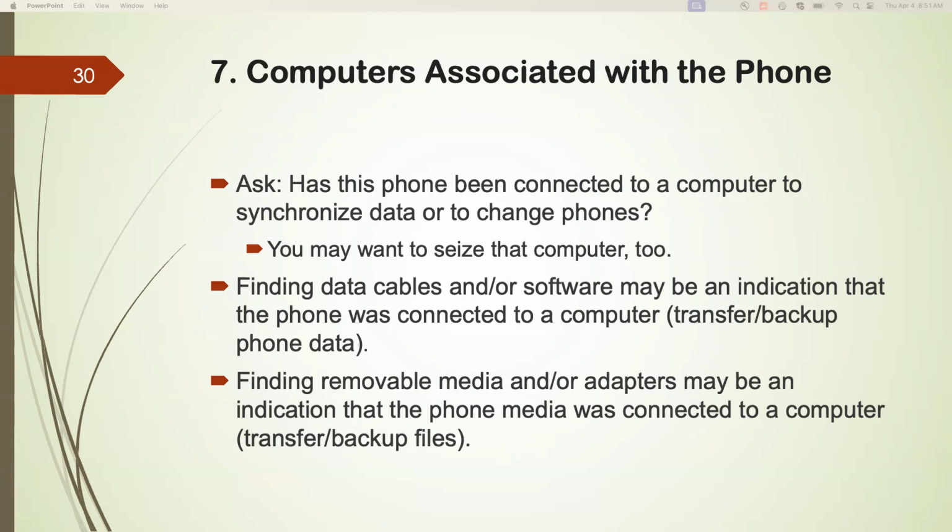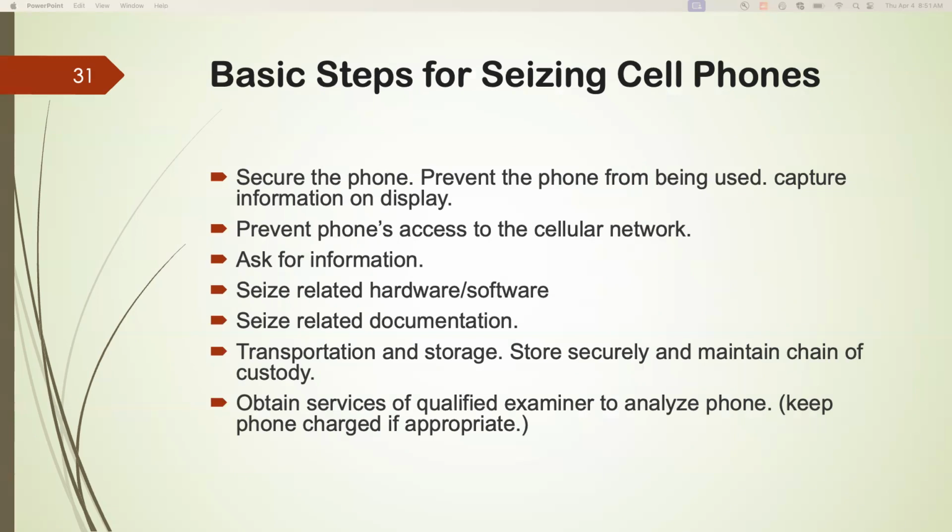So if you see, as evidence, that you are investigating some person and on their table you see an SD card reader, that would mean that at some time they have used this SD card reader to transfer data to the computer. Then you will have to investigate the computer of that person as well.